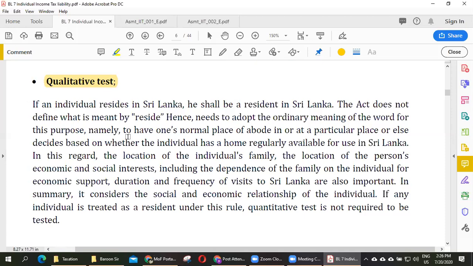If an individual resides in Sri Lanka, he shall be a resident in Sri Lanka, right?